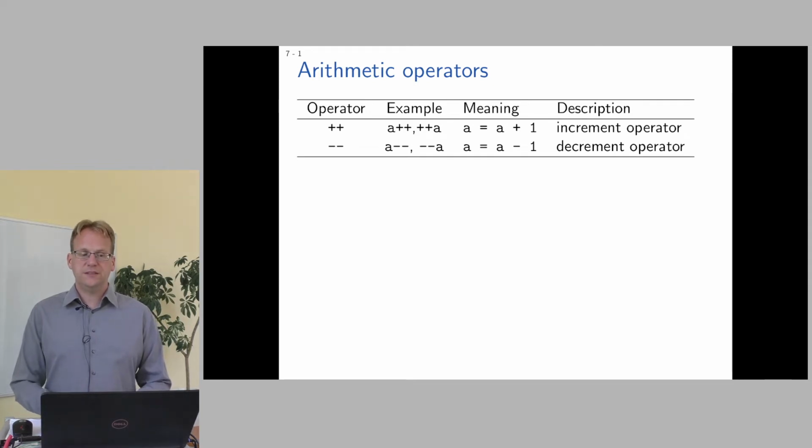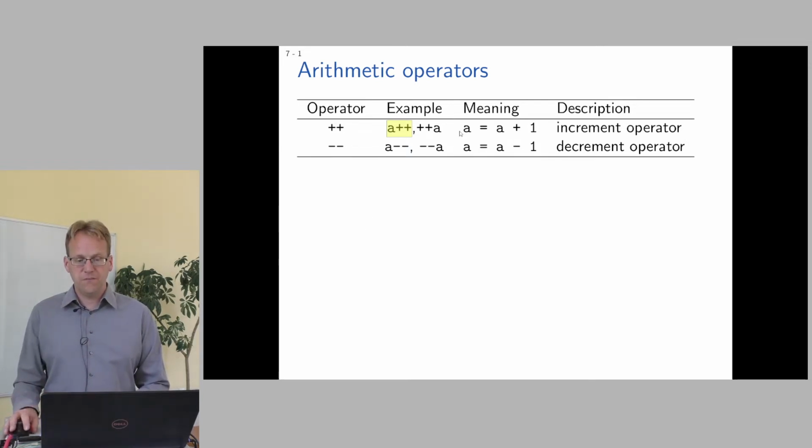Well, then we have arithmetic operators used to increment or decrement the values within a variable. So for example, we have the increment operator plus plus, which is then written like this, a plus plus. It means take the current value within variable a and increment this by 1, and that will be the new value within this variable a.